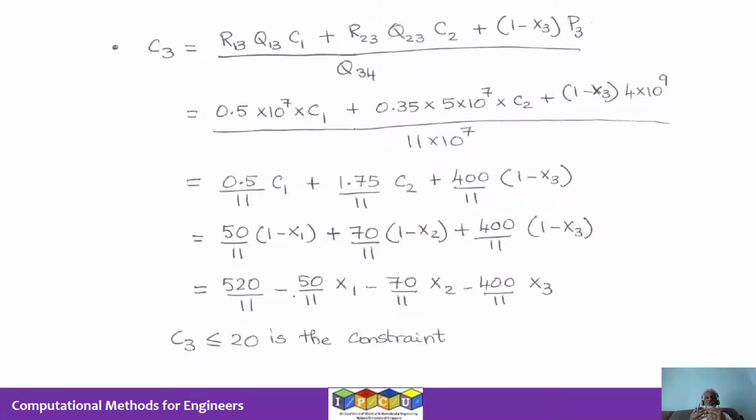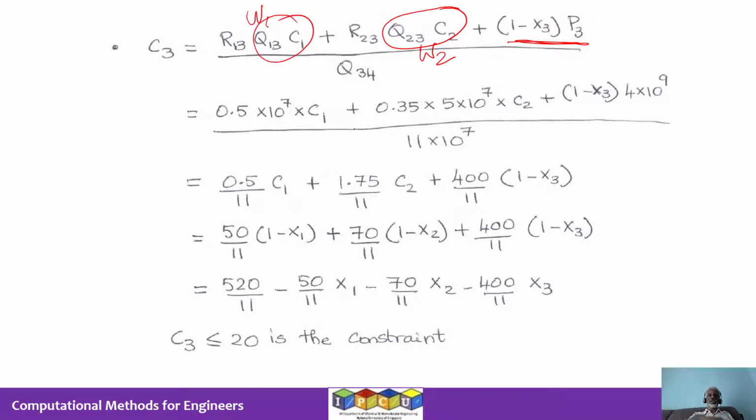When you come to C3, things get complicated. That's when the natural degradation process comes in, and you have more streams. So C3, we know, is equal to R13 Q13 times C1 plus R23 Q23 times C2 plus (1 minus x3) times P3. So this part is W3, this part is W2, and this part is W1.